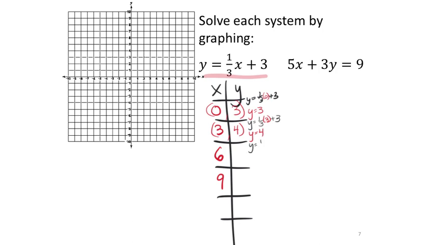Same with 6. y equals 1/3 x plus 3. But now we're going to replace the x with 6. And if I do, that would give me a corresponding y value that's 5. Now, you can see as I go down this table that we see a pattern. As I increase the x's by 3, the y's are going up by 1, which is actually demonstrated in the slope. Now, I chose an x value that's 9.